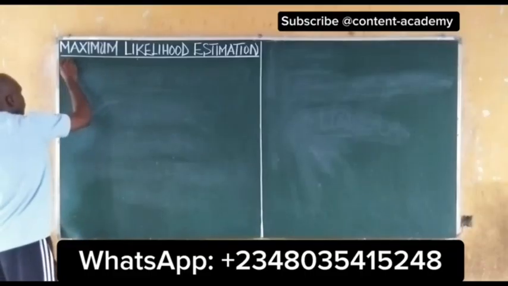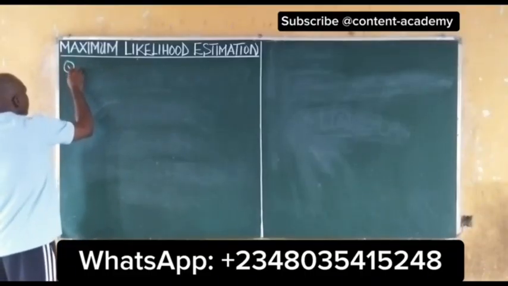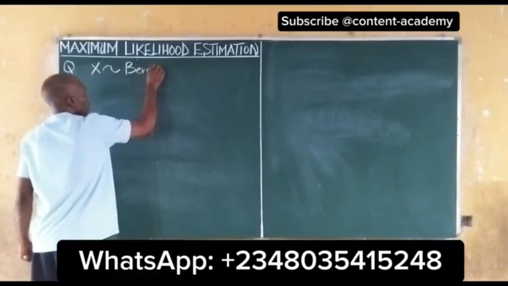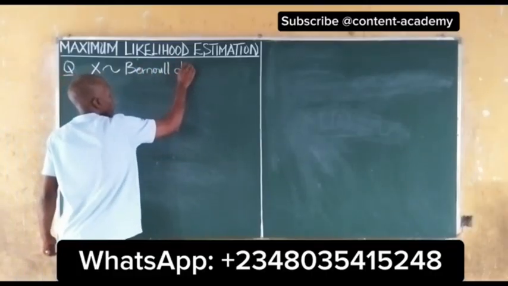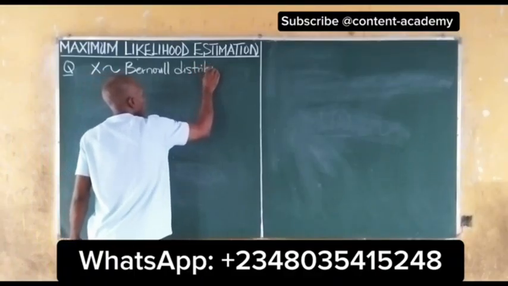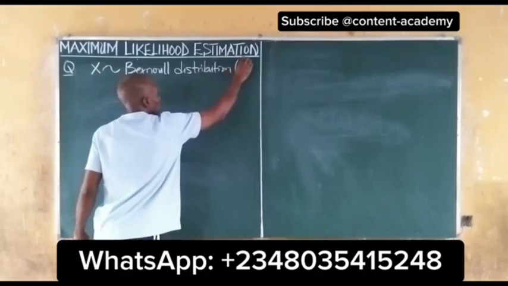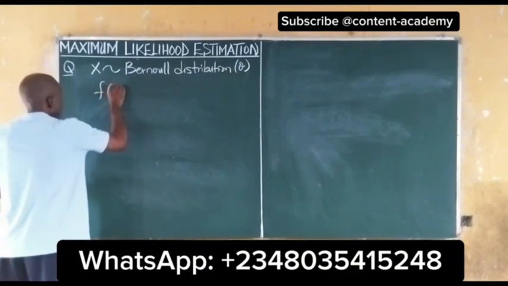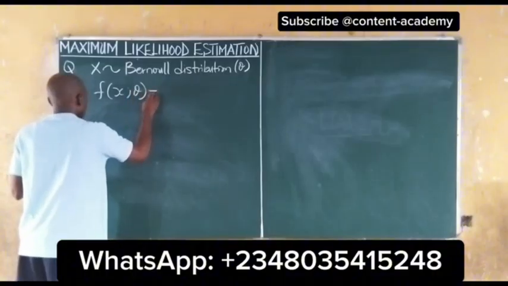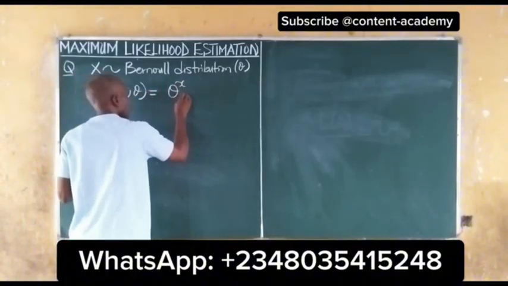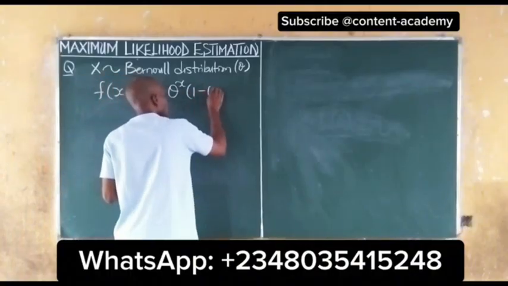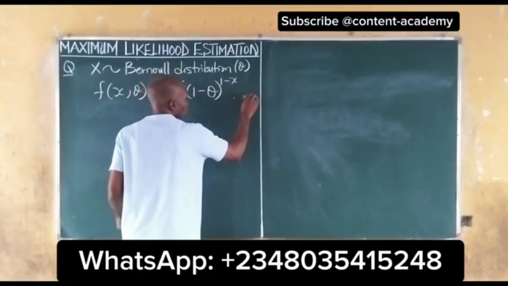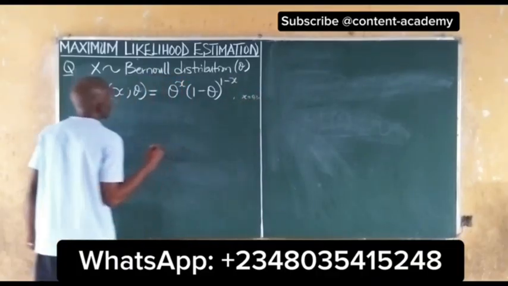So, our first question will now be: if X follows a Bernoulli distribution with parameter theta, and we are given the PDF to be theta to the power x, into 1 minus theta to the power 1 minus x, where of course we know that x will be equal to 0 or 1.